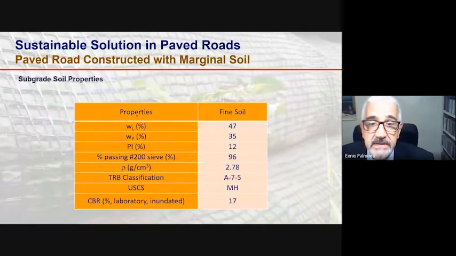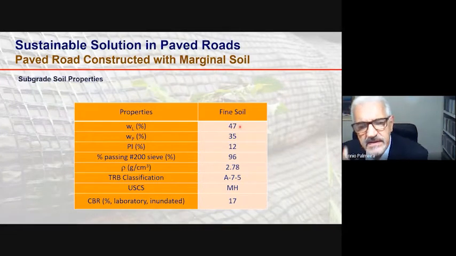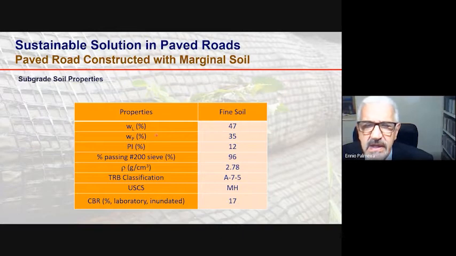This table shows the properties of the fine soil used as pavement base material in terms of liquid limit, plasticity limit, plasticity index, and a TRB classification A75 and a USCS classification as MH. And the CBR of the fine soil obtained in the laboratory test on inundated samples was equal to 17%.